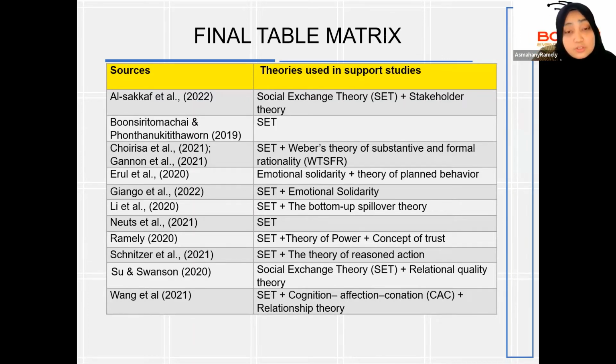From here, you also can tell it as a pattern and trend. So in the justification, in that supporting theory section, you can say that based on the previous study, the majority of the Q1 articles, the majority of the articles published in established journals, use social exchange theory whenever they want to examine the formation of resident support.